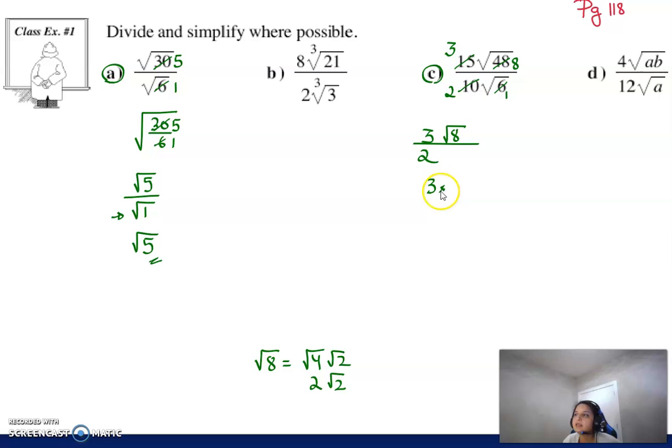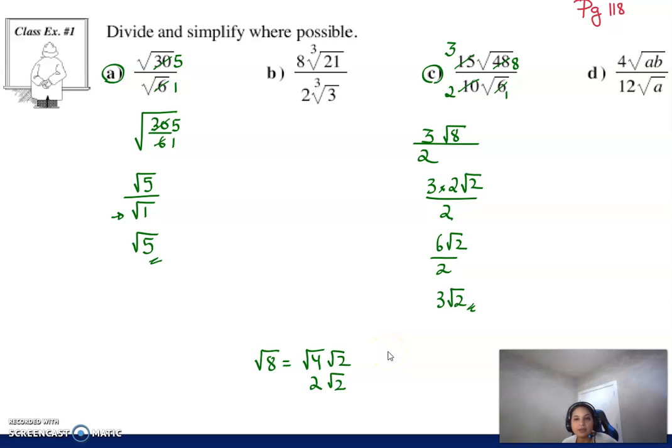Root 3 is already there, times 2 root 2, everything divided by 2. Here you can either reduce the 2 and 2 against each other, or you can think of it as 6 root 2 divided by 2, which becomes 3 root 2. Now this is the final answer.